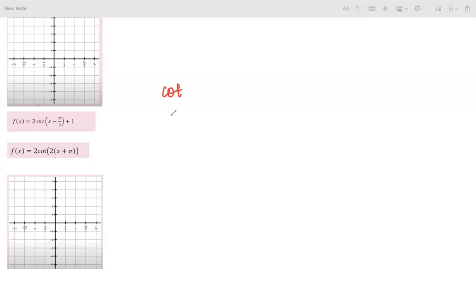Cot and tan both have a period of pi, no doubt. But then, because of the 2 here, it becomes pi by b. Does that sound good? Yeah. For tan b theta, it becomes pi by b. So here 2 is the b value, so in that case, it becomes pi by 2.